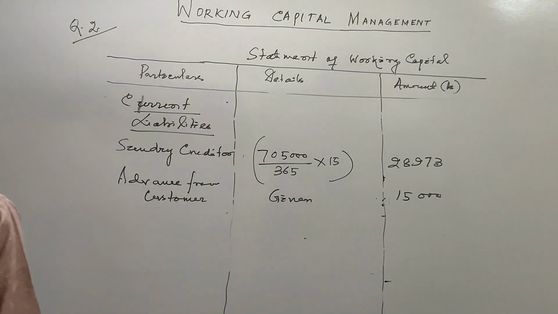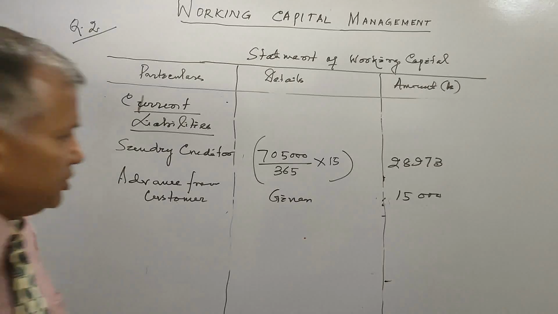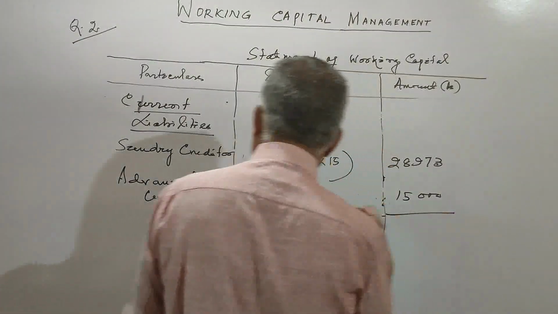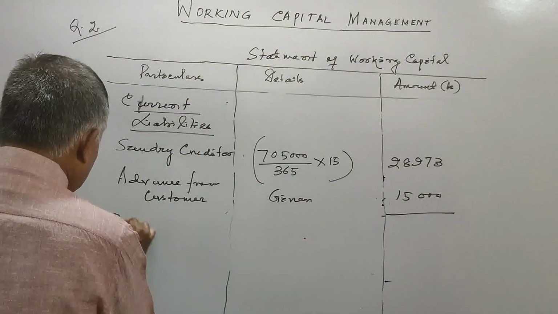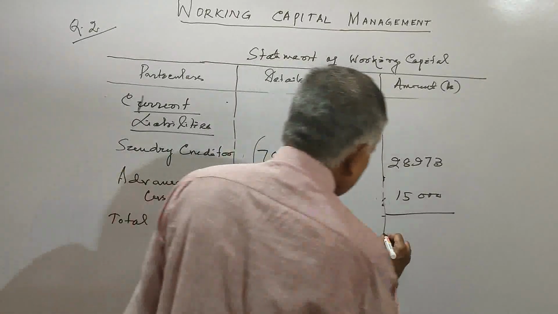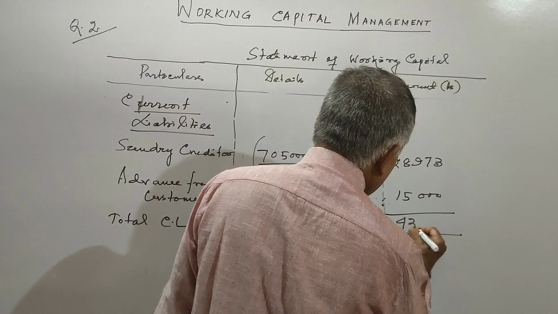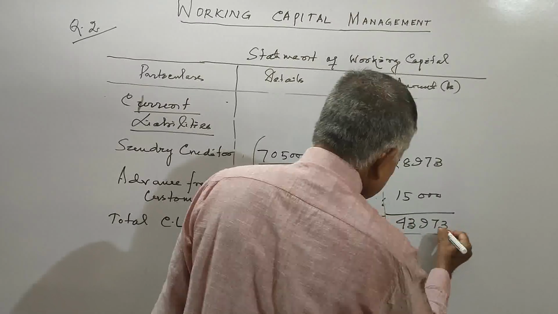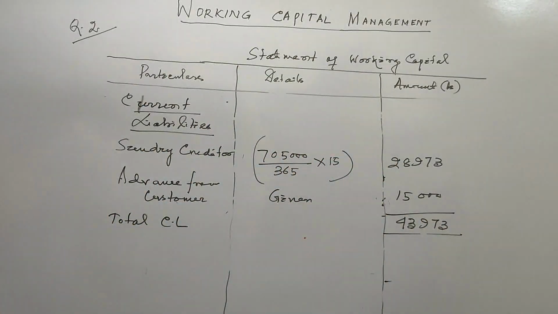So advance from customer is 15,000. Total current liabilities is 43,973. 43,973 is the total current liability.